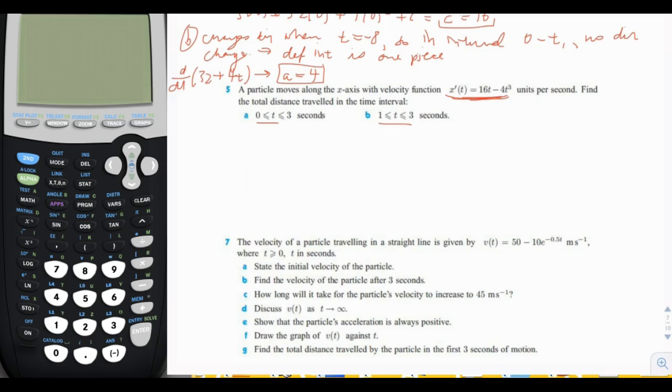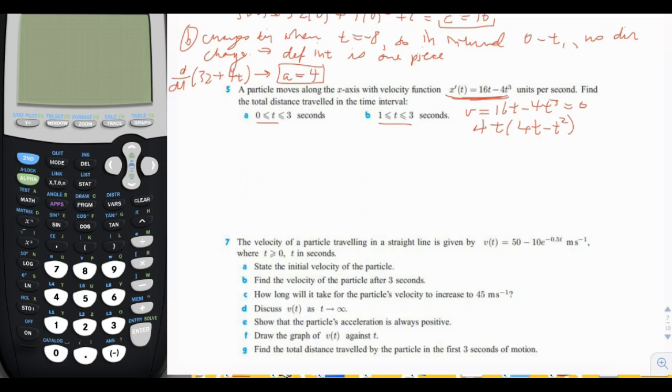To figure out if there's direction changes, we could find the zeros, the direction changes of this function. So we could factor out a t of 16 minus 4t squared. Actually, we could factor out a 4t, and then we'll have 4 minus t squared, right?